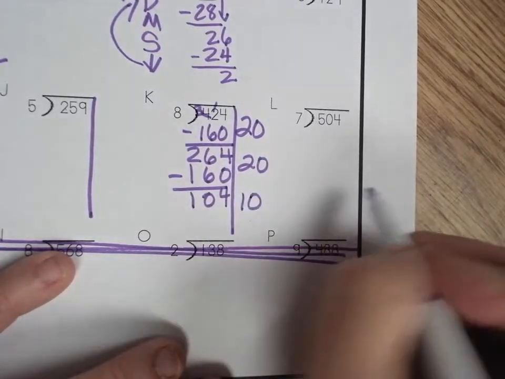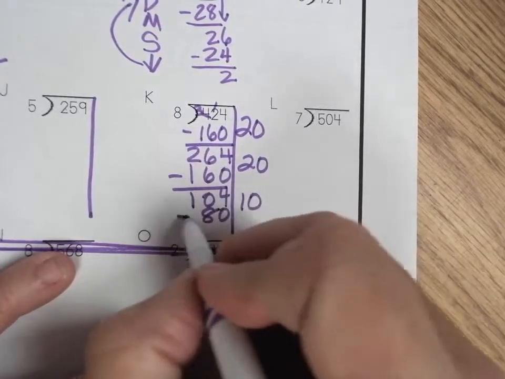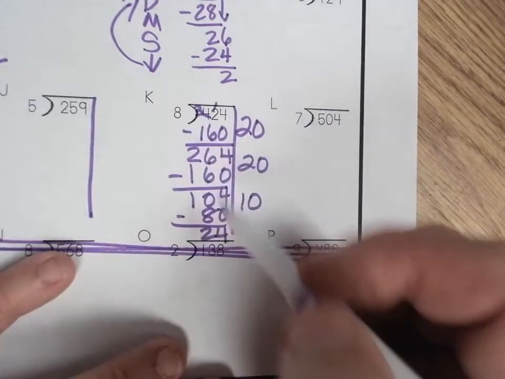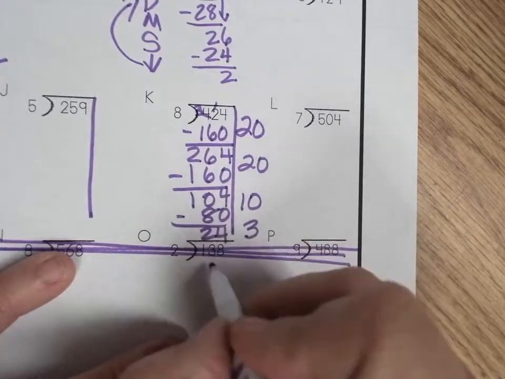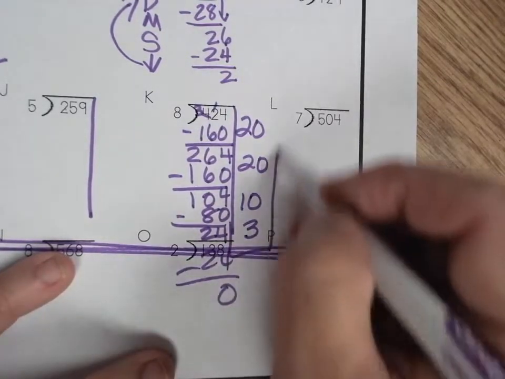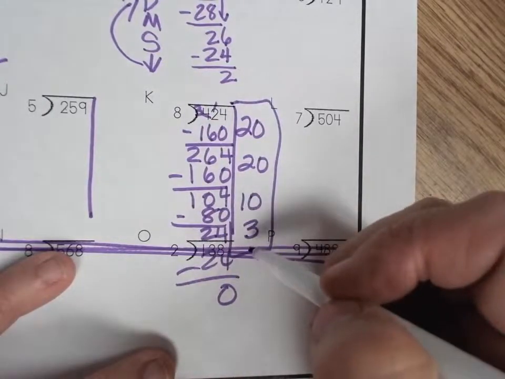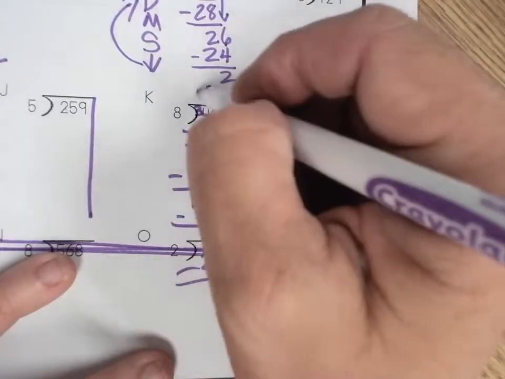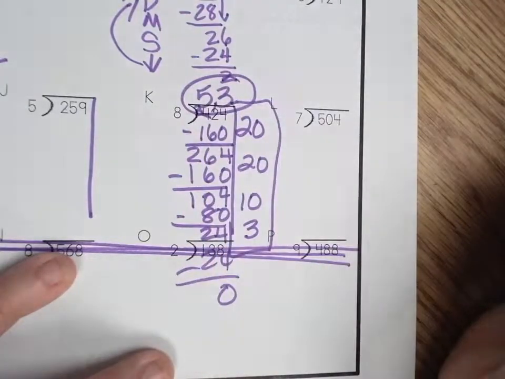But I could do 10. 10 times 8 is 80 and I have 24 left over. And I know 8 will go into 24 3 times, which is 24 with no remainder. And then you just add up these 4 on my scaffolding, 20, 20, 10, 3. So my answer would be 53 and I have no remainder.